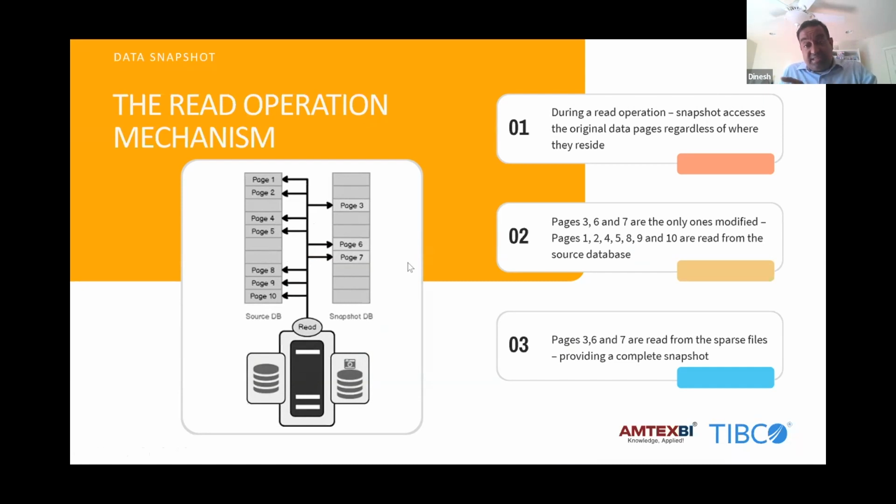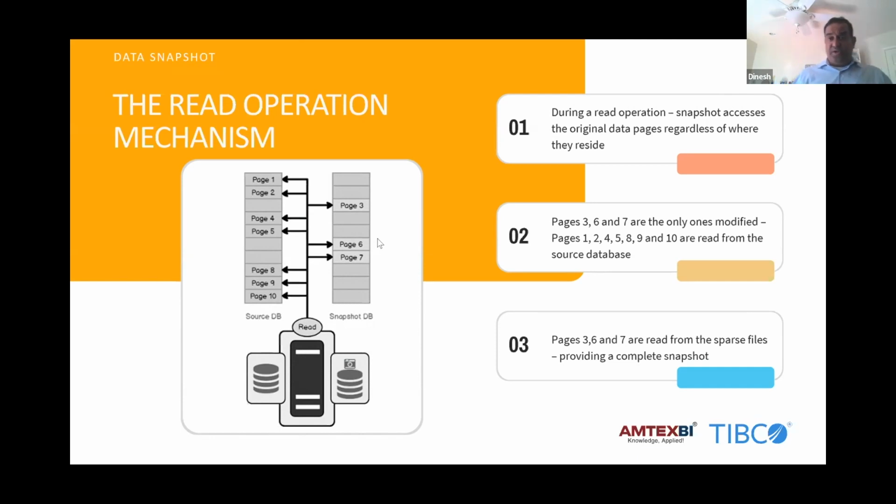And pages 3, 6, and 7 are read from the sparse file. So they come together, and what you see is the complete snapshot when you're doing a read operation. That's the setup here. The more pages that change, the more your sparse file changes, which means the overall snapshot increases in size. That's where your snapshot frequency and your snapshot memory allocation come into play.